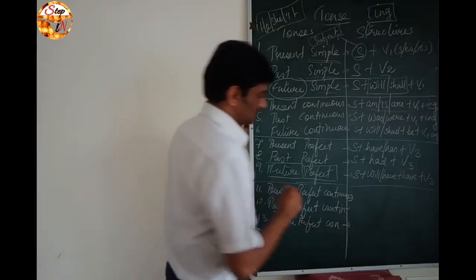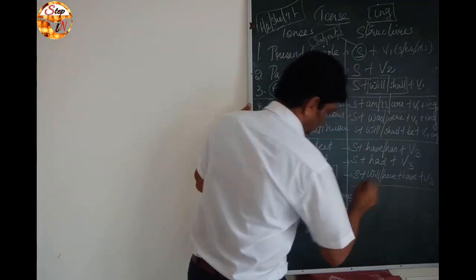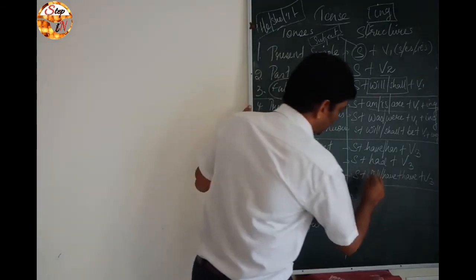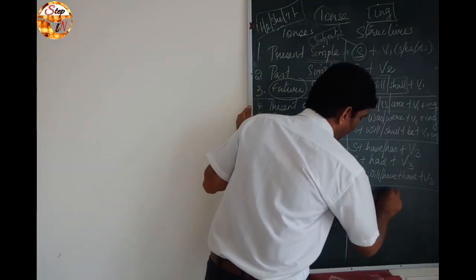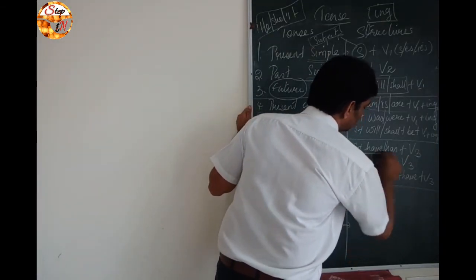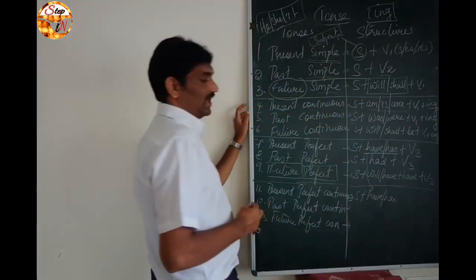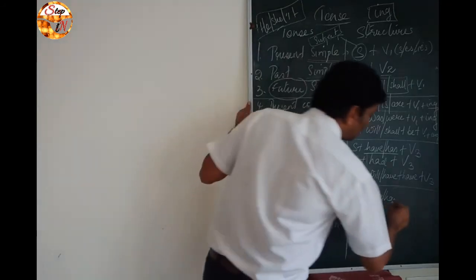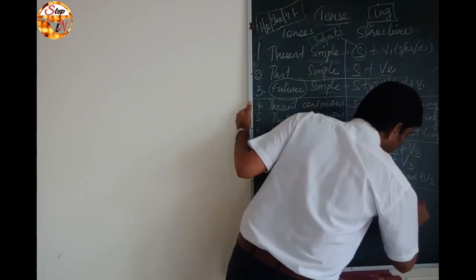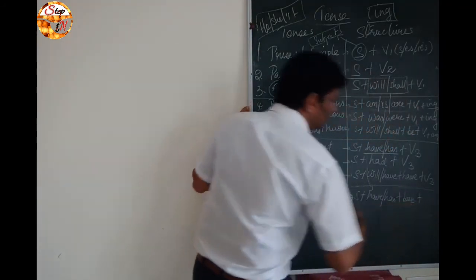The last aspect we have is perfect continuous tense. In present tense, we use subject, and to indicate perfect we have have or has, the same as used here. Got it? So we bring down have or has, plus, to indicate it is in continuous tense, being.